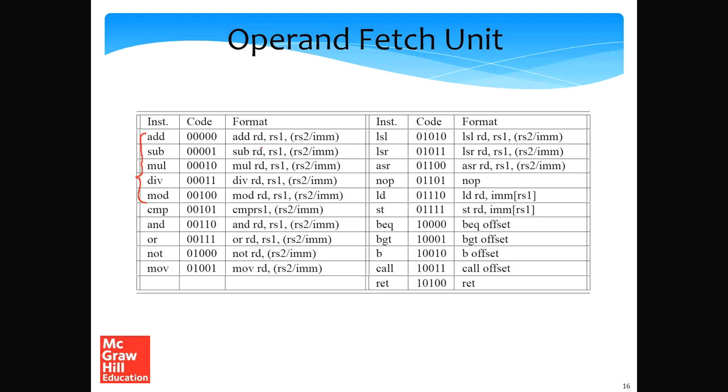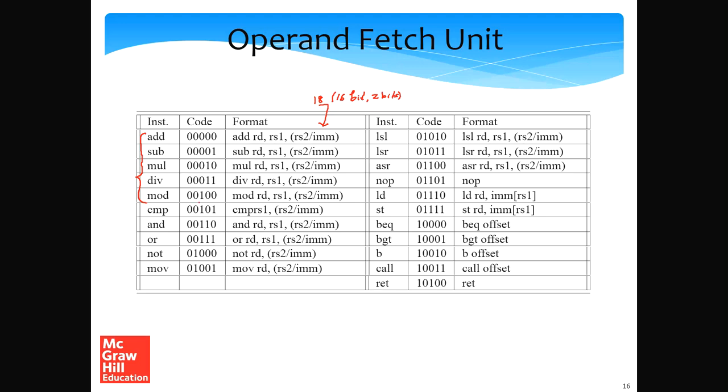We first have the destination register, then we have the first source register. Subsequently, we have the second source, which can either be a register or an immediate value. The immediate value is actually an 18-bit quantity. The 18 bits are divided into two fields, 16 and 2. So it's a 16-bit constant, and we have space for 2 modifiers plus the default one, so 3 modifiers. That takes 2 bits.